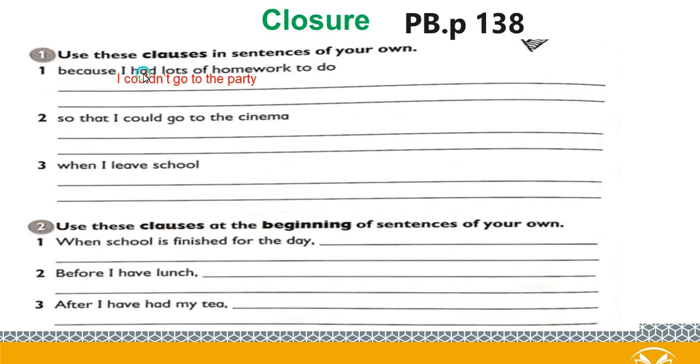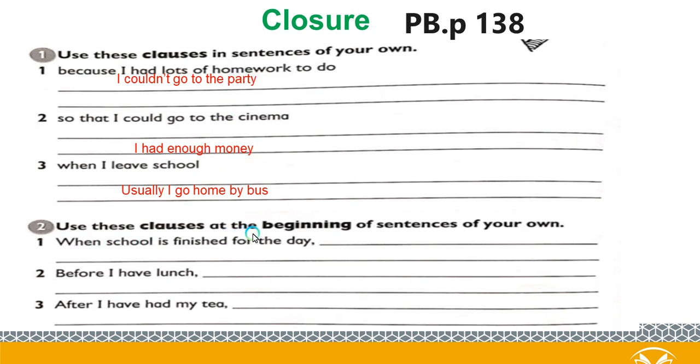Then, so that: I had enough money so that I could go to the cinema. Usually I go home by bus when I leave school. You can also answer from your own knowledge if you want.